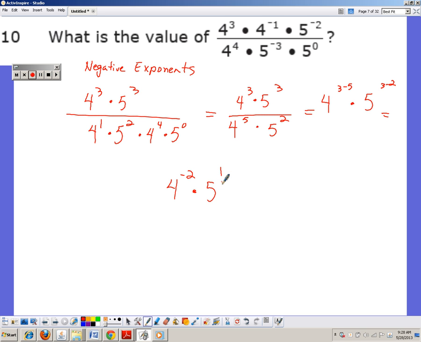Now we got to simplify it again. So we have a negative exponent, so that 4 has to be moved down to the bottom. 5 to the first power is 5. 4 to the second power is 16. That is the simplified form of the original problem.